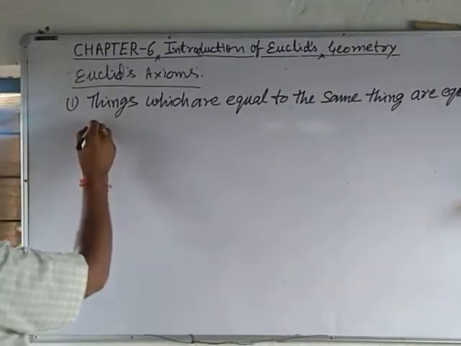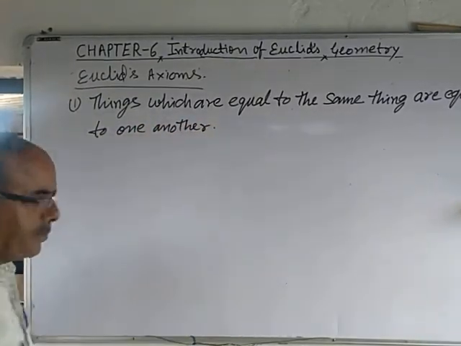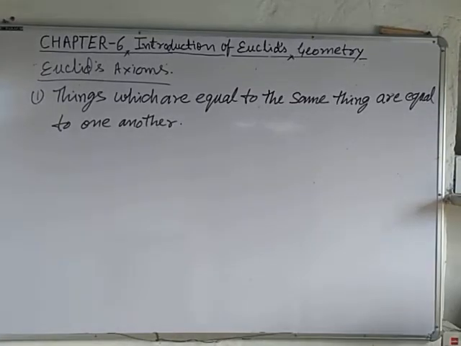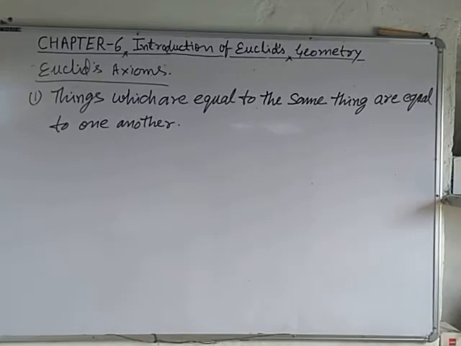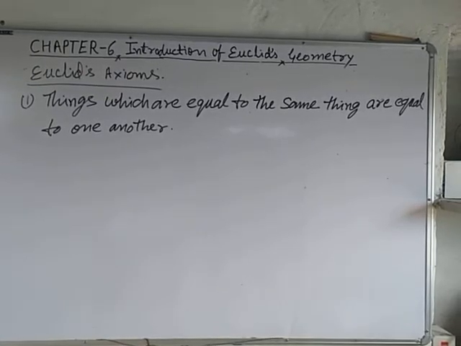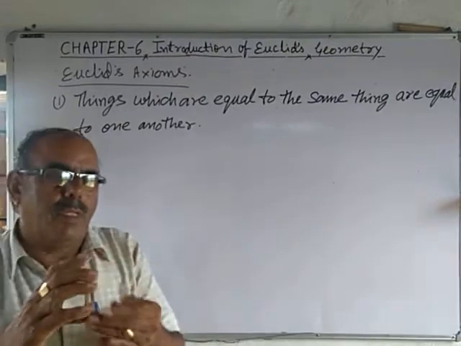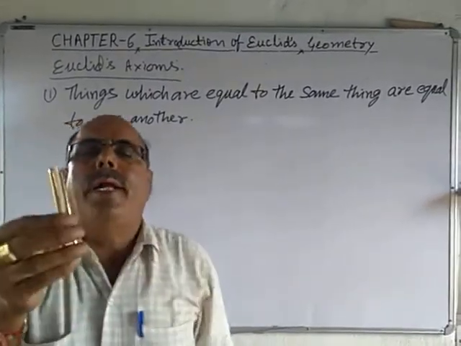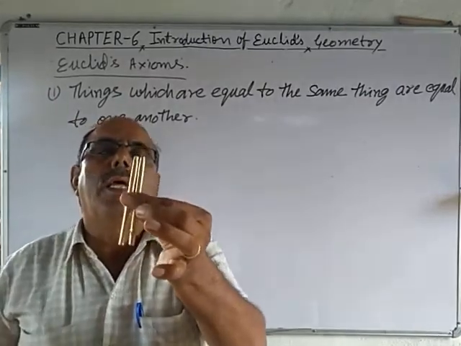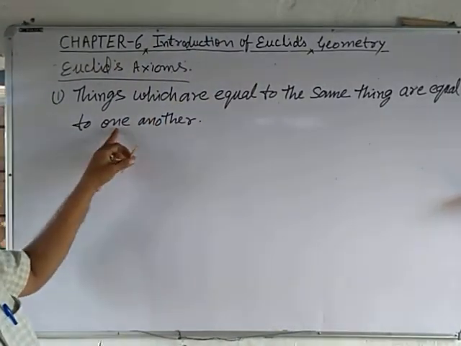If we have three things, if this pipe and this pipe are equal, and this pipe and this pipe are also equal, then this and this are equal to one another.